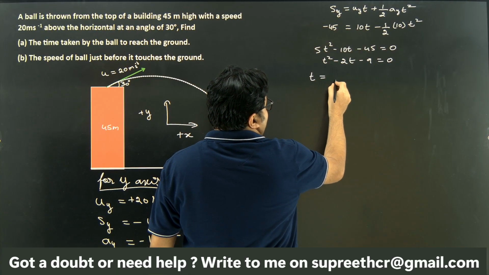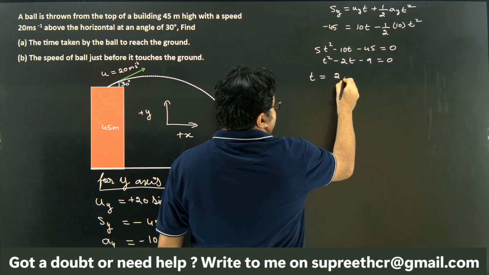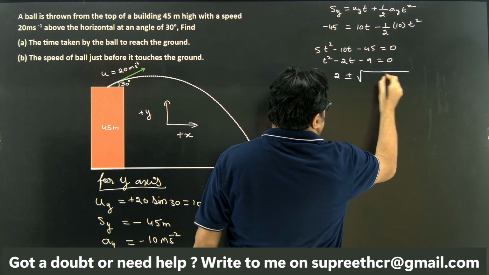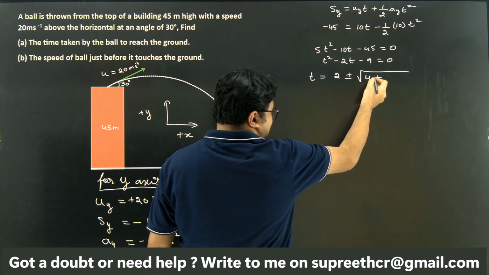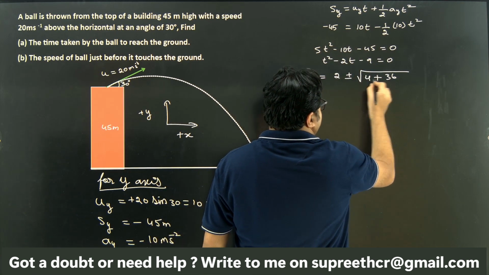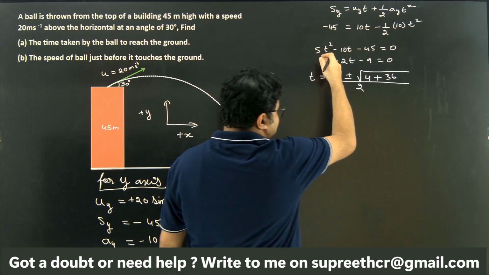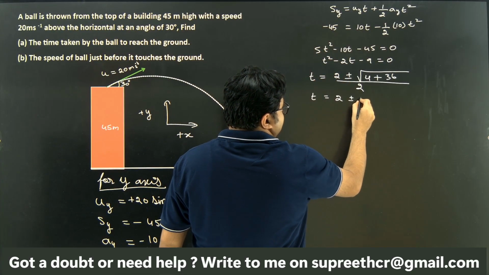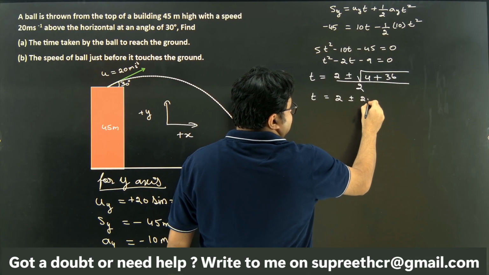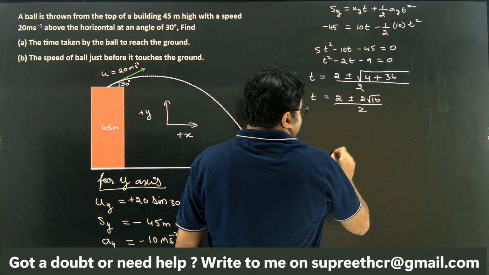The time t would become minus b plus or minus root of b square minus, minus becomes plus, 4ac, divided by 2a. A is 1. So we have 2 plus or minus root 40, which can be written as 2 root 10, divided by 2.